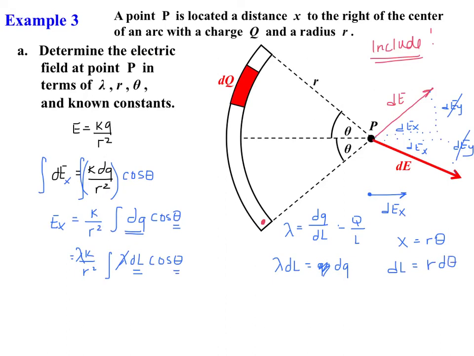So now you can see that we're going to be able to get rid of dl and replace it with d theta. So wherever I see dl, I'm going to replace it with r d theta. And now I only have one variable that I need to integrate with respect to.